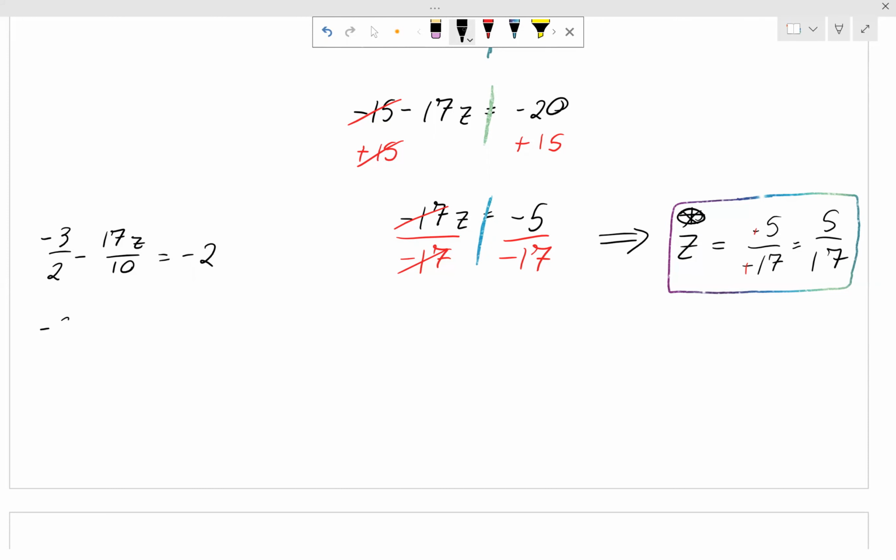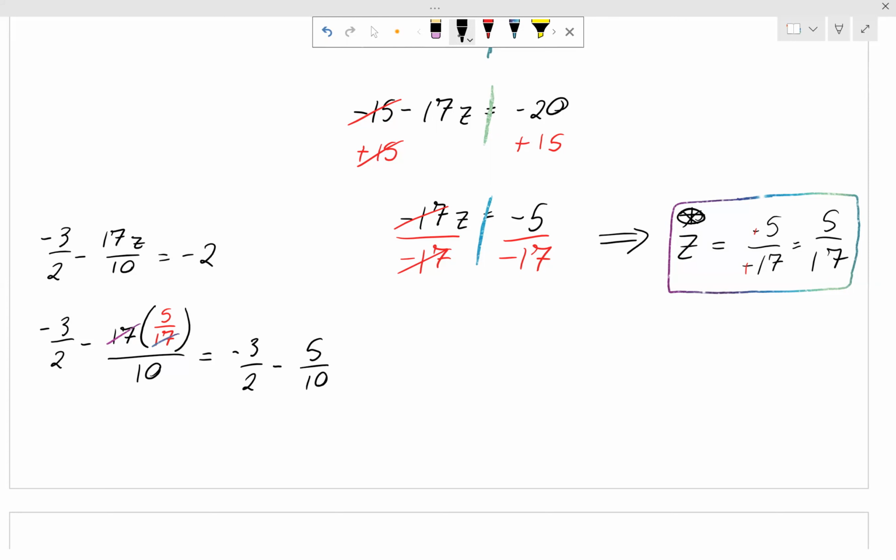I'm going to get negative 3/2 minus 17 times 5/17 over 10. All right. One thing I can see real quick is that this 17 and this 17 are going to cancel. I'm starting with my left-hand side and I'm going to show that it equals the right-hand side. So then I'm going to get negative 3/2 minus 5/10.